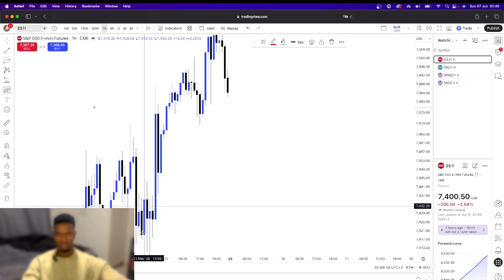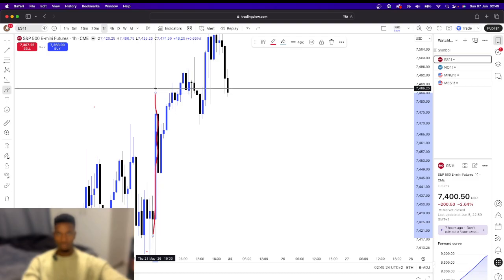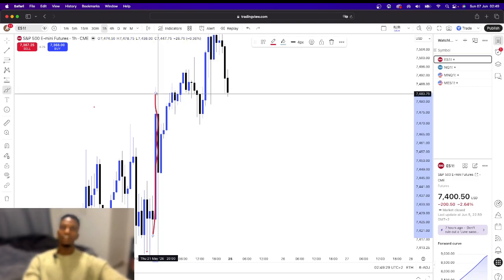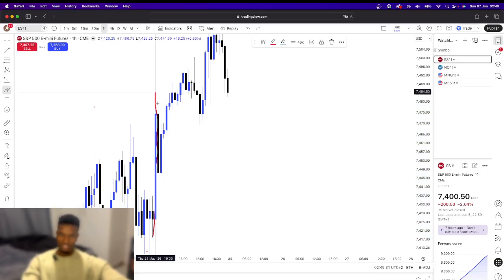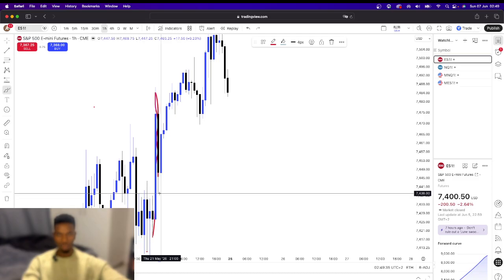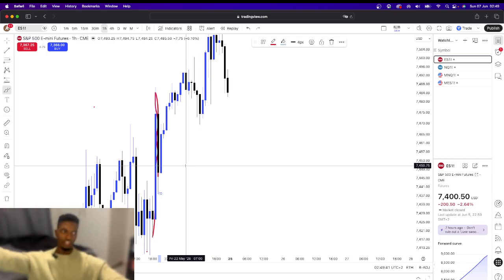From this low, this black candlestick to this wick of this bullish candlestick here, that is structure, right? And then this downward movement, the black candlestick, we call this a low. We don't wait for a lot of candlesticks before we can say this is a low.